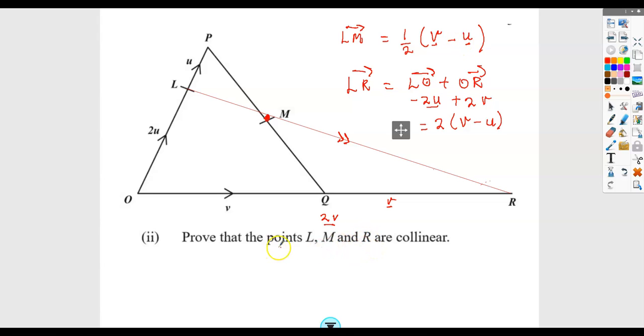You can just say LM and LR have the same ratio. Therefore, they are collinear. Therefore, they lie on the same line.